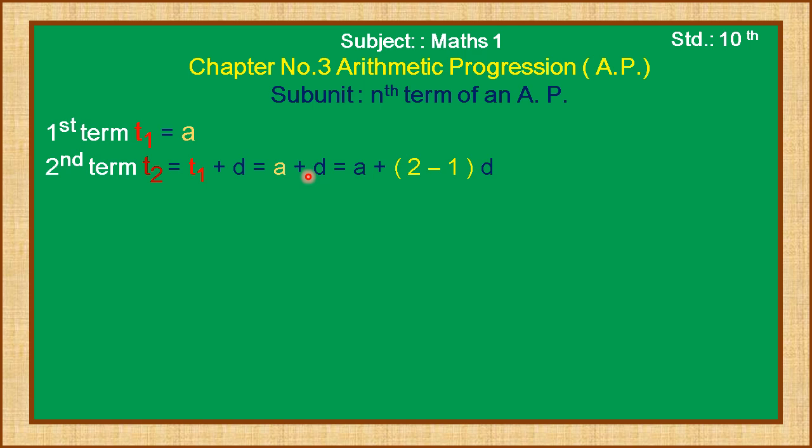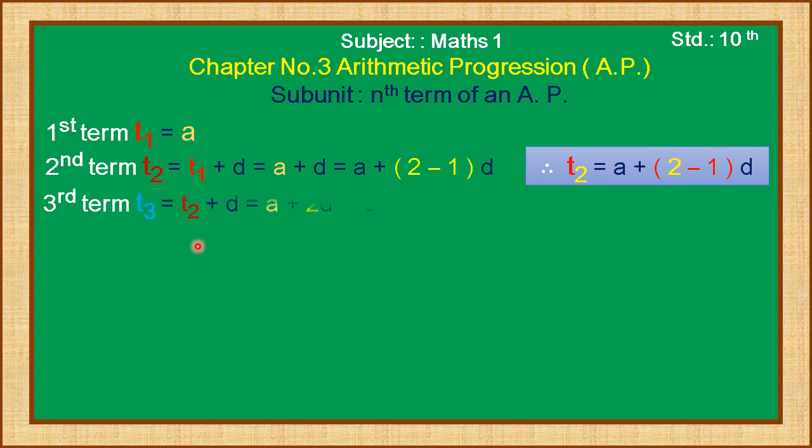For this coefficient 1, we can write 2 minus 1, and the answer of 2 minus 1 is equal to 1. So T2 is equal to A plus (2 minus 1) D.